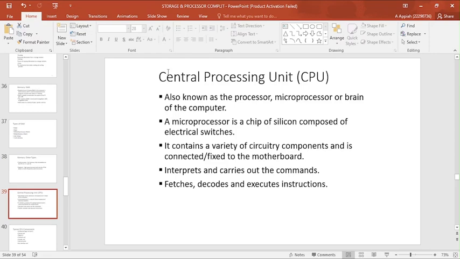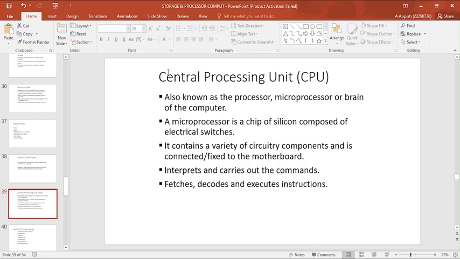Now we look at the central processing unit, what we normally call the CPU. The central processing unit can also be called the processor.